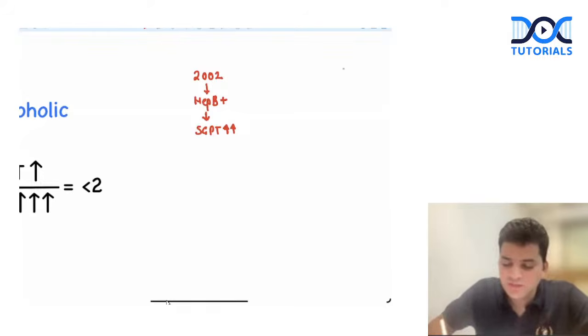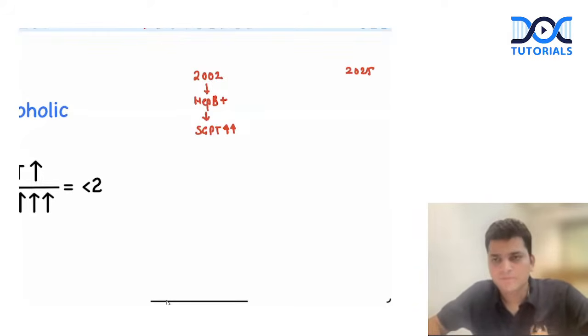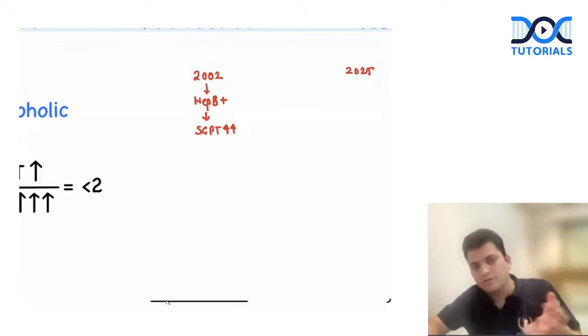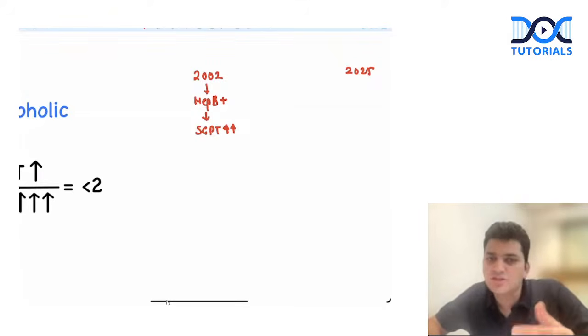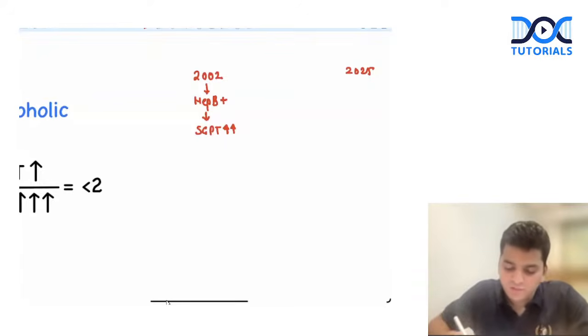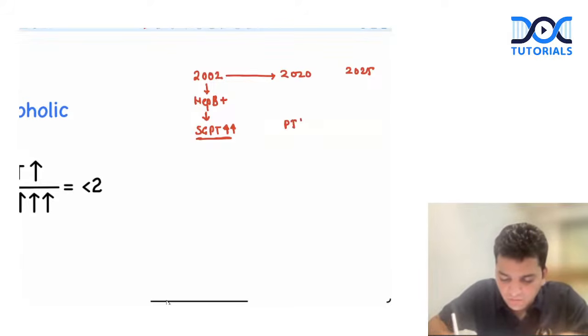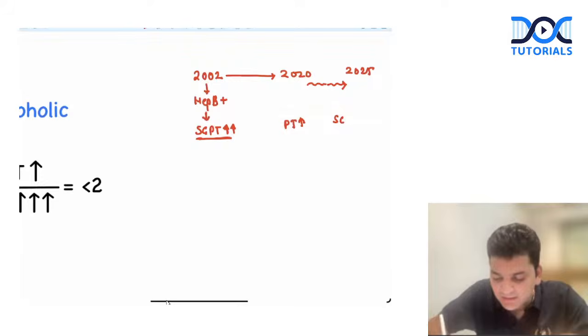Now it was the year 2025, and you reached his home. He gave you his file just to check. When you looked at the report of the liver function test, the SGPT was more till the year 2020. But after that, there was a change in the trend. Now the SGOT was increasing more than the SGPT.